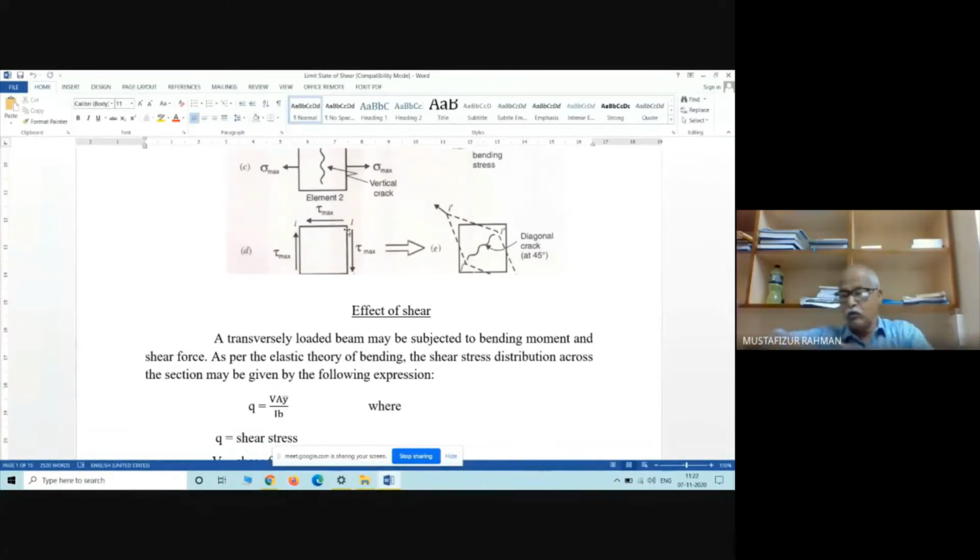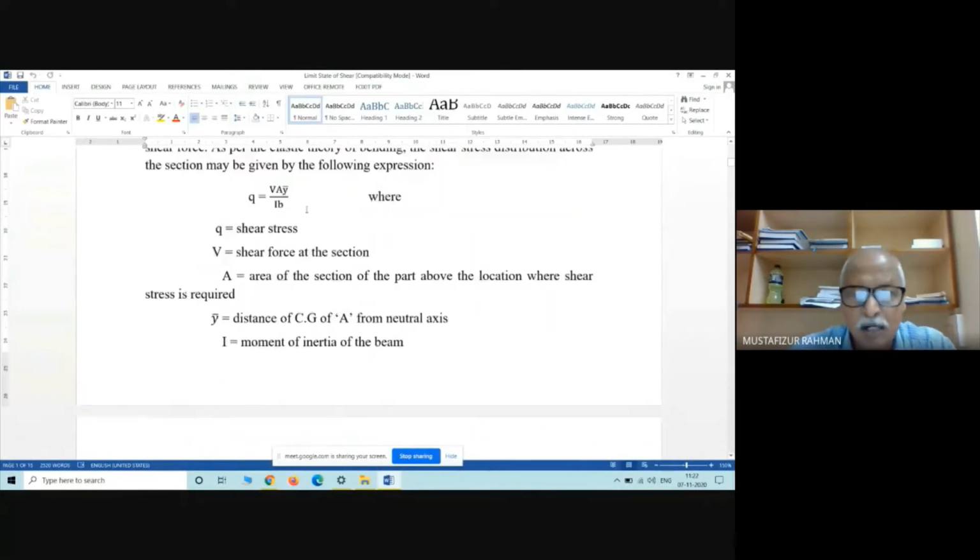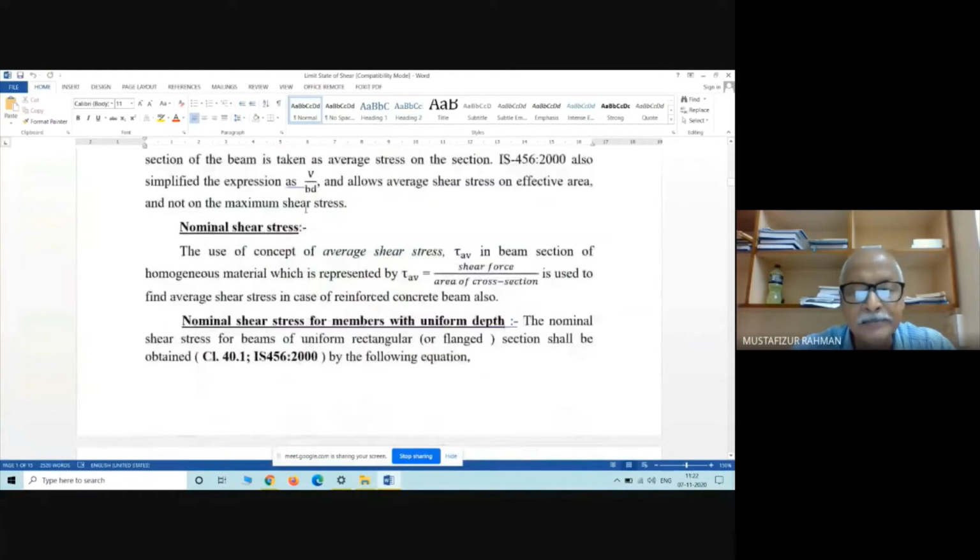Okay, so how will we resist? We will be able to resist with the help of shear reinforcement. So what type of shear reinforcement are we going to provide? Now let us see.